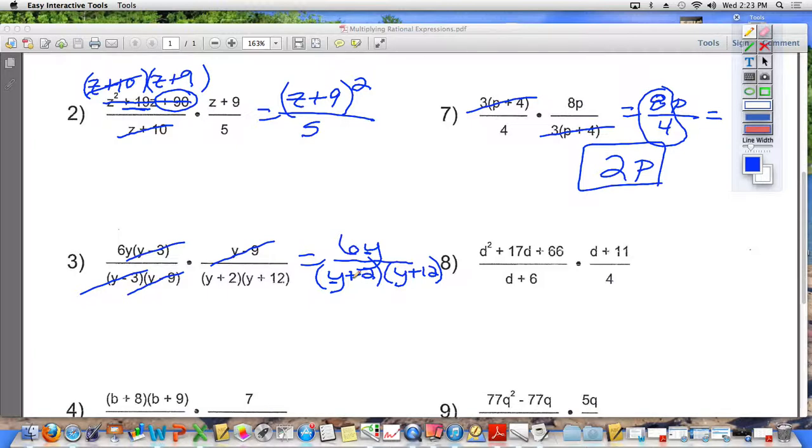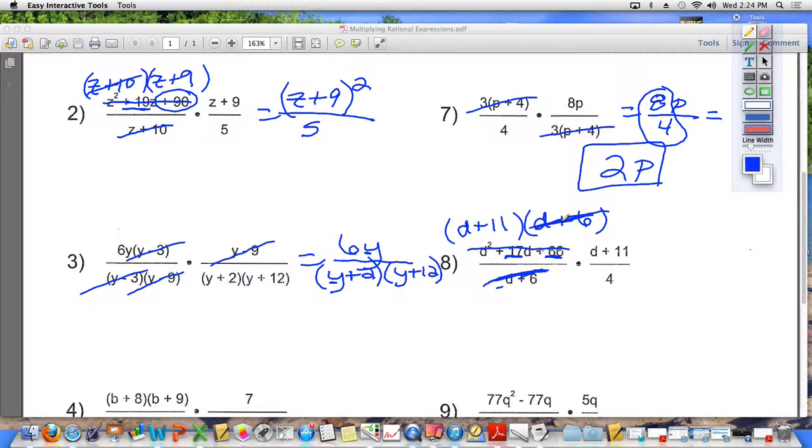All right, number 8. Nothing is alike right now, but I certainly can do some factoring and canceling. So look at this. What two numbers multiply to give you 66 and add together to give you 17? 11 and 6. D plus 11 and D plus 6. Can I cancel anything out? Yes, and usually there's going to be something that cancels out.